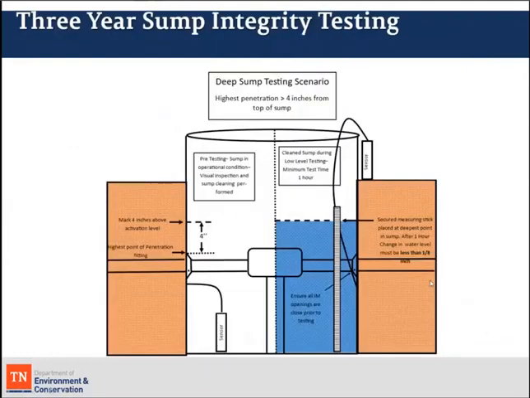Again, here are some diagrams that I put together. Here on the left is an operating sump setup. You've got your sensor in the bottom, you've got your penetration fittings here.